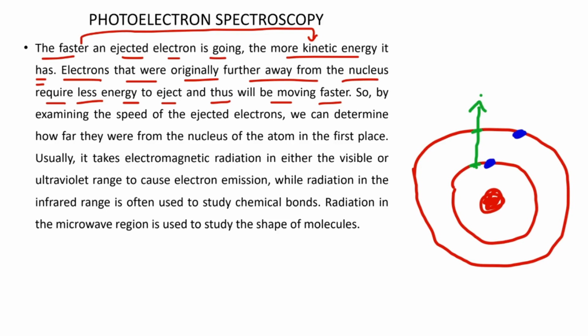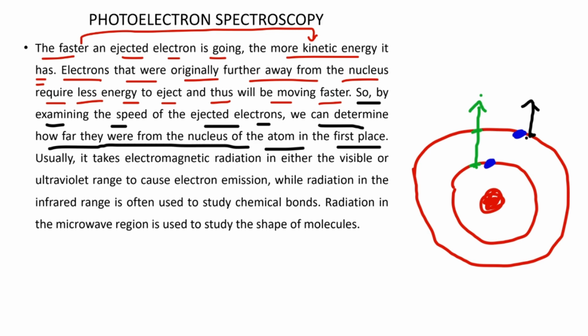While for the electron in the second level, we need to give it energy just to leave from the second level outside the atom. So the higher in energy level the electron is, the less energy needed to eject the electron and the faster the electron will be after ejection. Okay? So by examining the speed of the ejected electrons, we can determine how far they were from the nucleus of the atom in the first place.